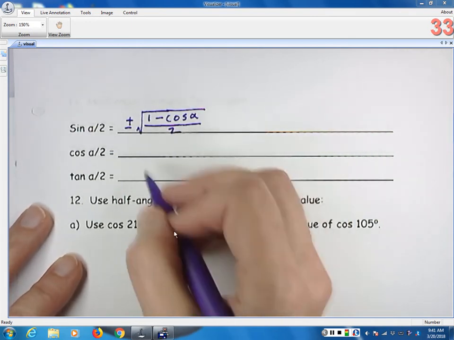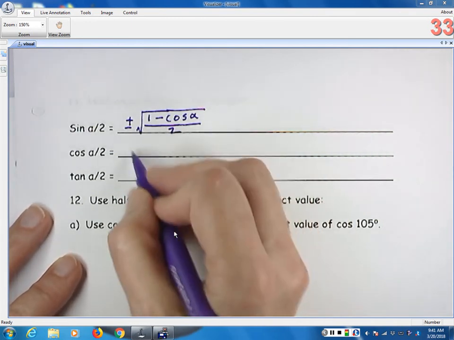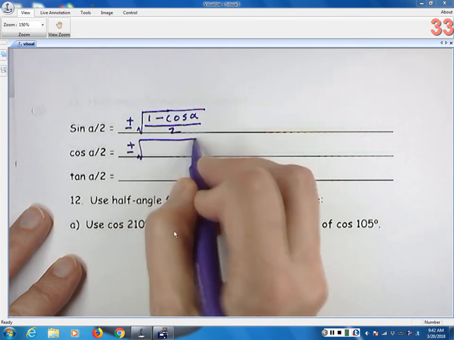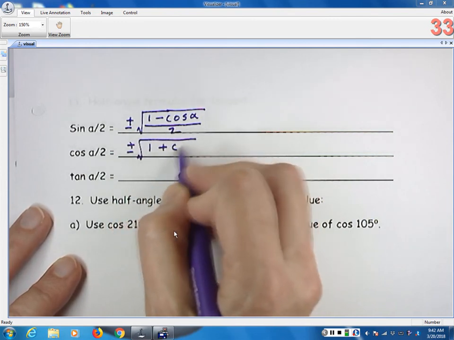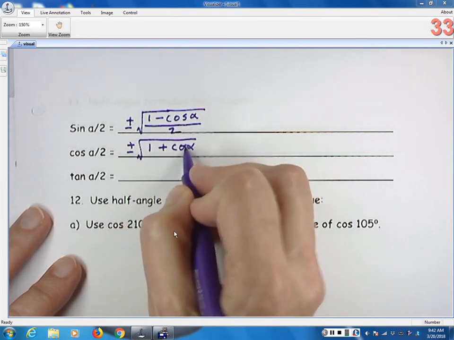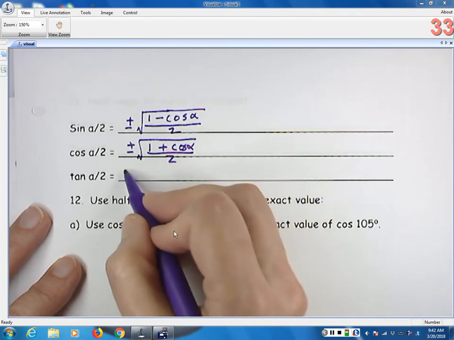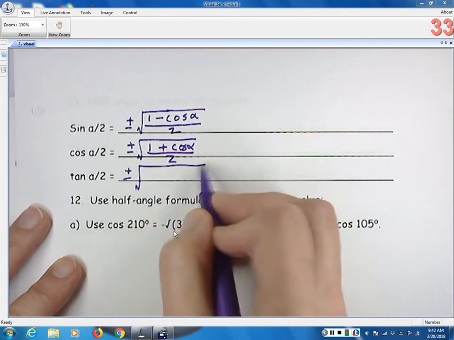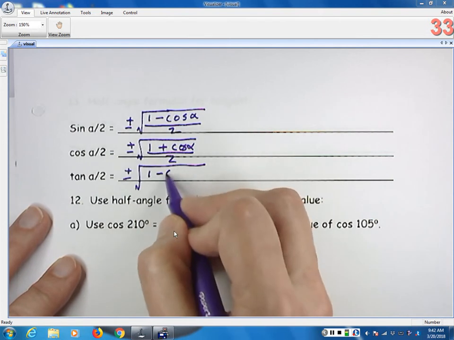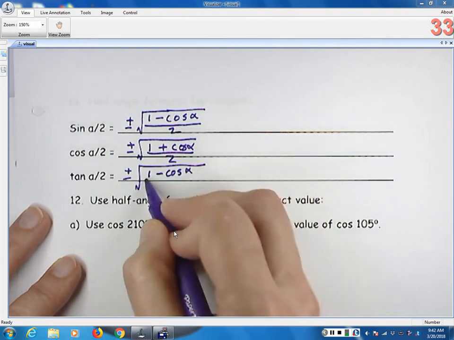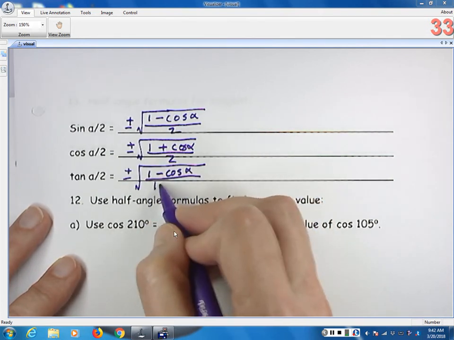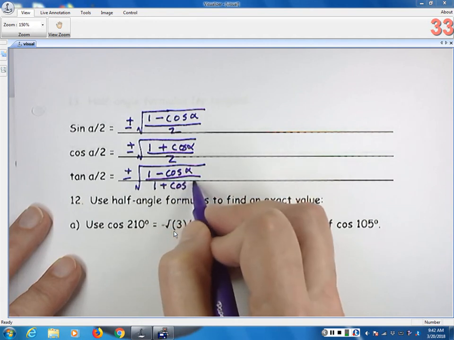And cosine alpha over 2 is plus or minus the square root of 1 plus cosine alpha over 2. Tangent is plus or minus the square root of 1 minus cosine alpha divided by 1 plus cosine alpha.